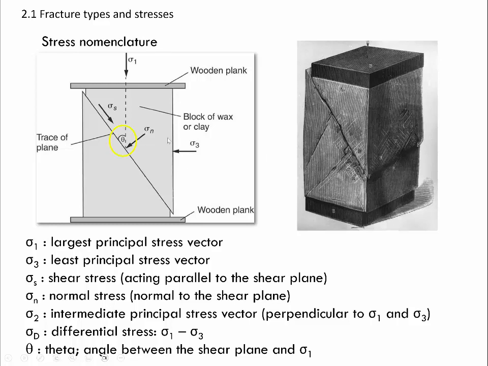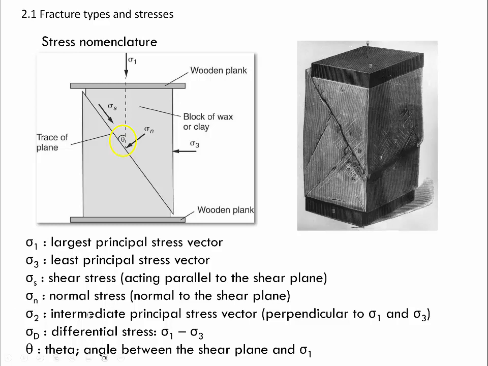Then there is this important angle theta that we also will recognize again in the Mohr stress diagram. This is an important angle because it describes the angle between the maximum principal stress vector sigma 1 and the fracture surface. This angle theta is very important for the understanding of the Mohr stress diagram and for the understanding of rock mechanics in general.